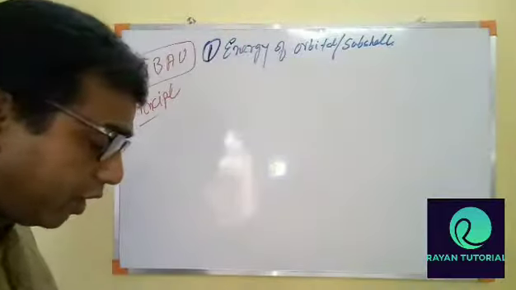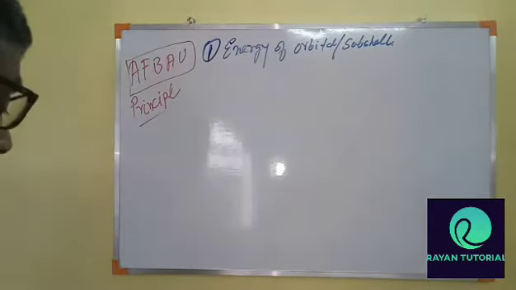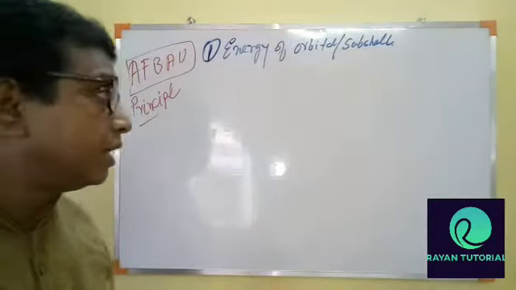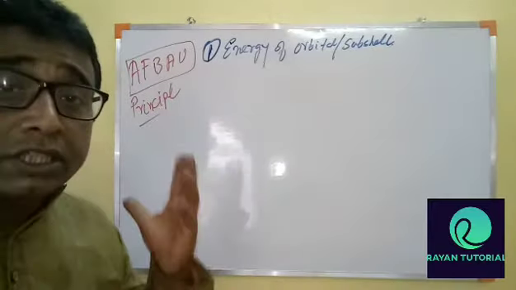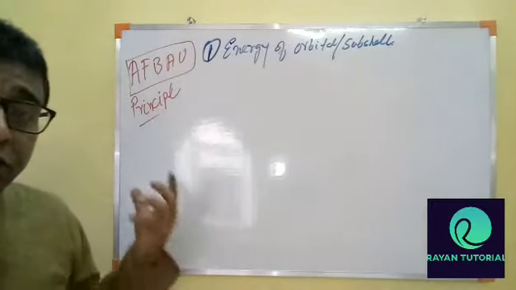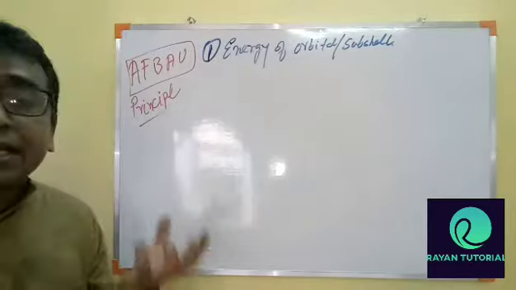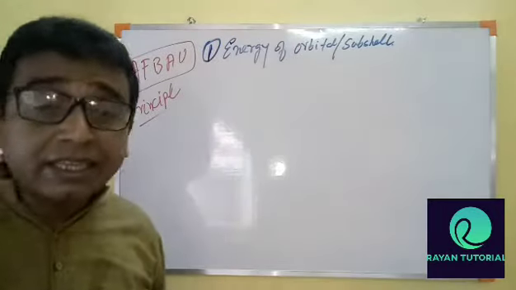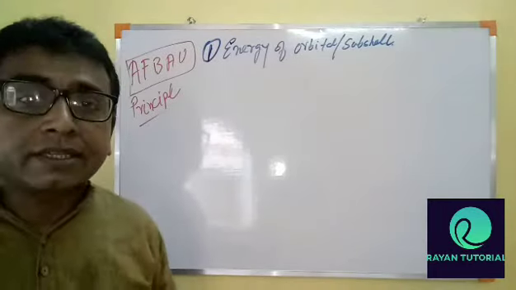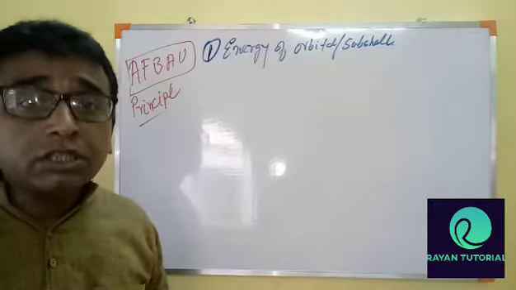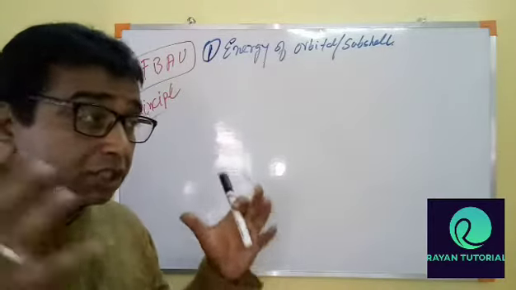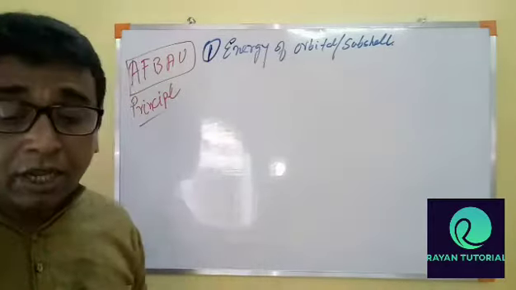The energy of an orbital or a subshell. Now, always remember that the electrons always prefer to stay in the lower energy level. This is the basic theory of physics. All the electrons, they will first try to stay in the lower energy level.